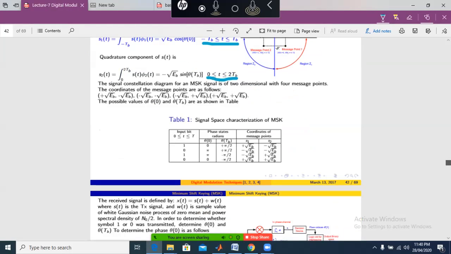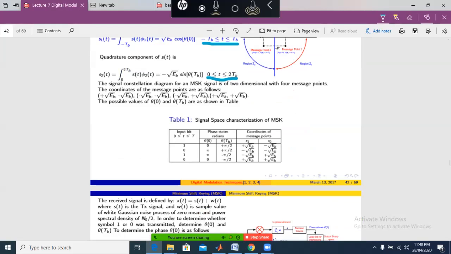These two signals are offsets, and you can see that for input bit 1 and theta of 0, 0 plus pi by 2, we have S1 and S2 coordinates as plus EB and minus EB.